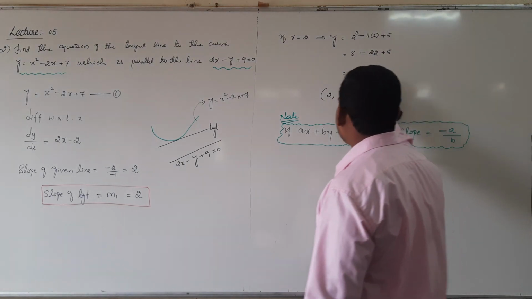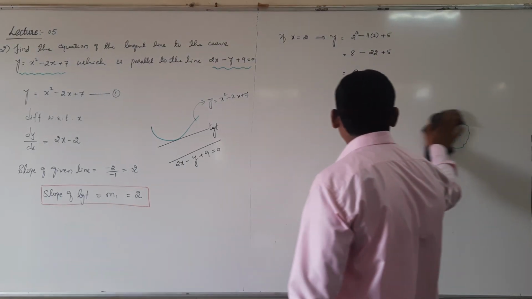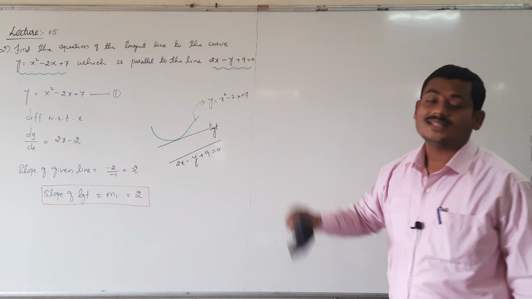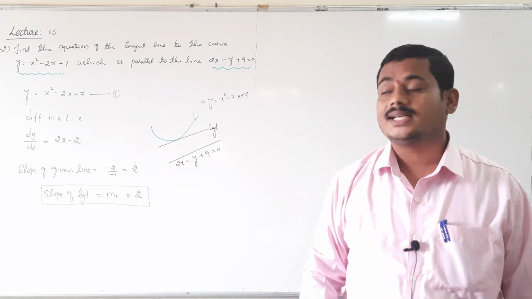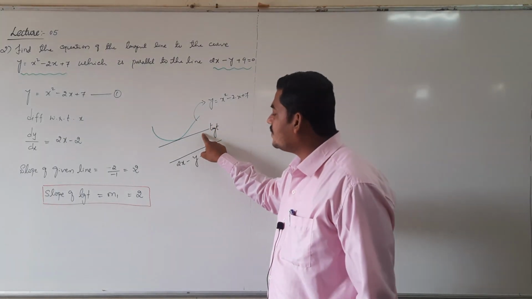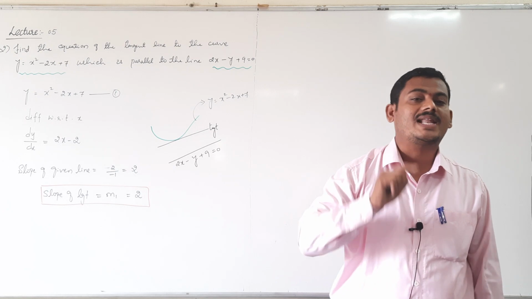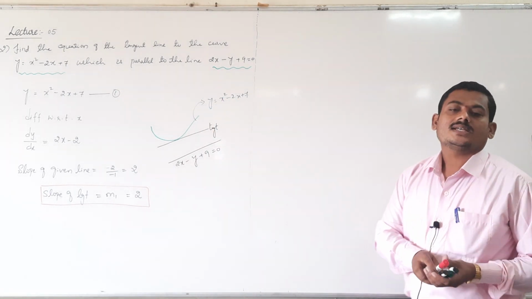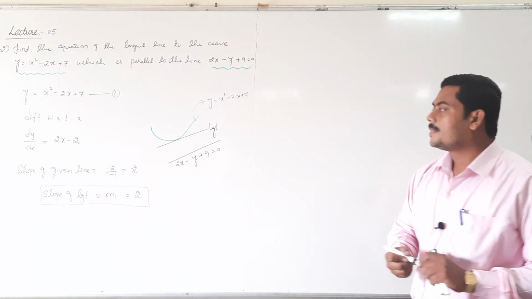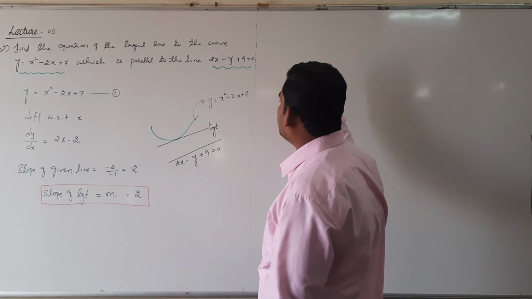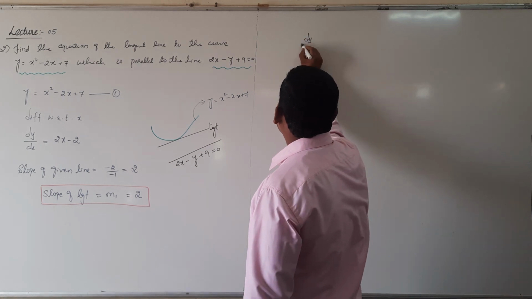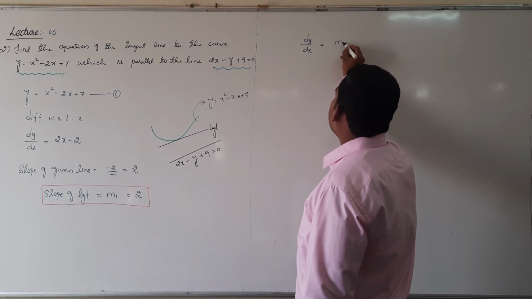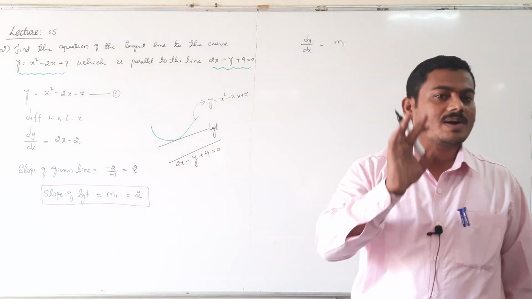dy by dx, meaning indirectly dy by dx equal to 2 only, because we need one point on this curve. Now we get the slope of the tangent, but for finding the equation of the tangent we need the slope as well as one point. Dy by dx is nothing but the slope of the tangent line.